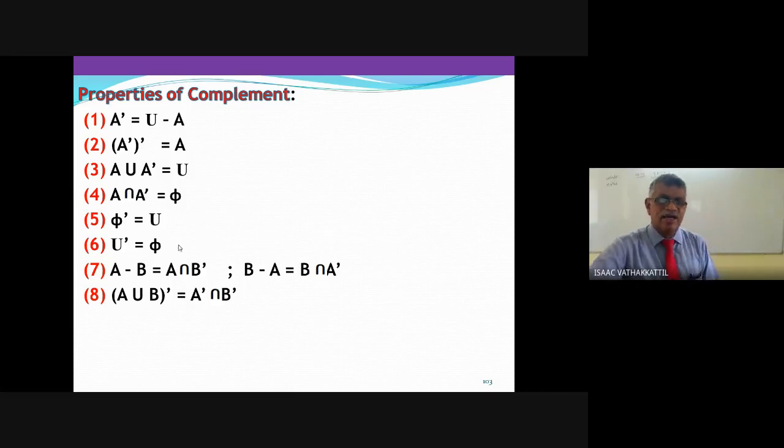Okay. Now remember, A union B whole dash is A dash intersection B dash. Actually, it is something which needs proof, but proof is beyond our requirement. This result was introduced by a mathematician named De Morgan, and is known as De Morgan's law.